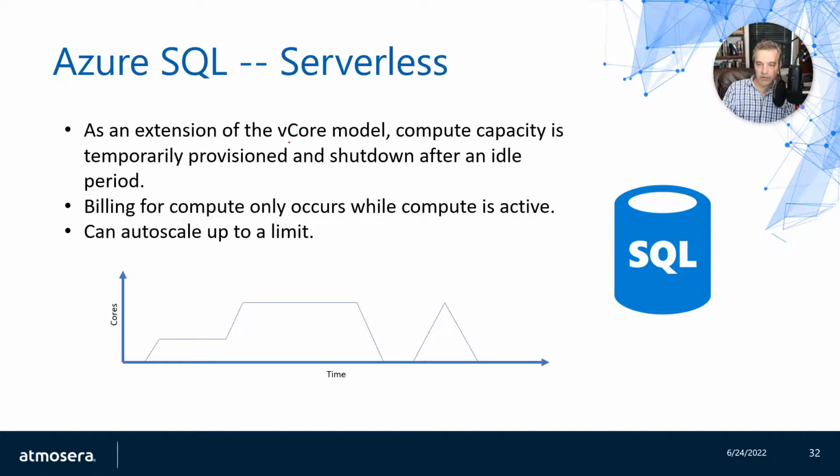So the serverless option on Azure SQL is an extension of the vCore model, and it basically allows you to set up an option for your database that only allocates compute when it's needed, and whenever the compute is idle for a specific amount of time, it shuts the compute down and you won't be billed for it. So this is a great option for databases that have bursty type workloads, or maybe they're only active for a certain period of the day.